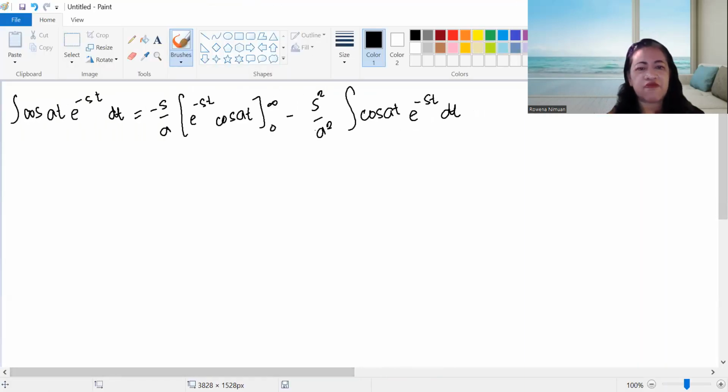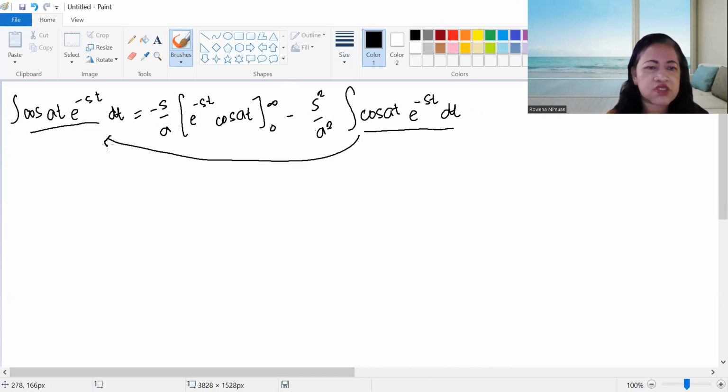This one came from the last portion of the paint. So let me compare this and this one. If I place this here on this side of the equation, I can factor out the integral.